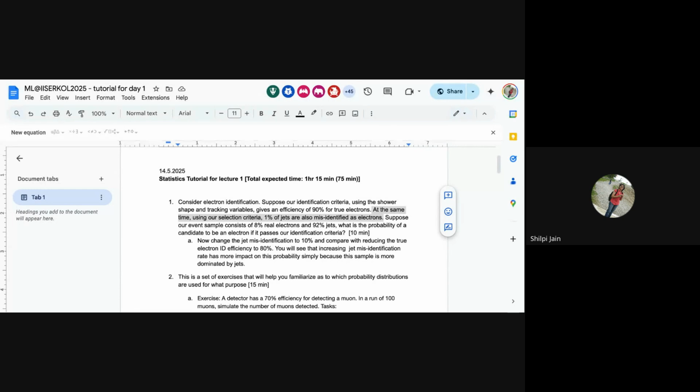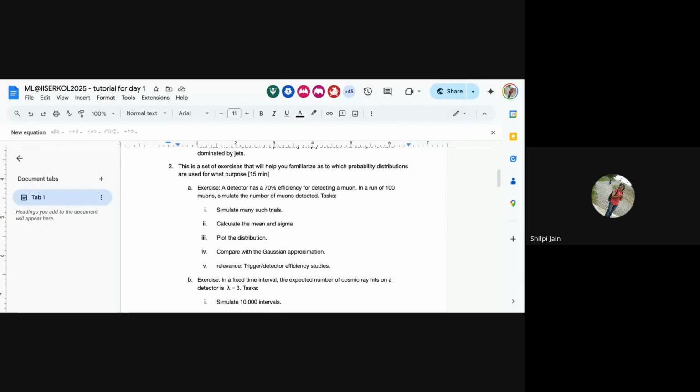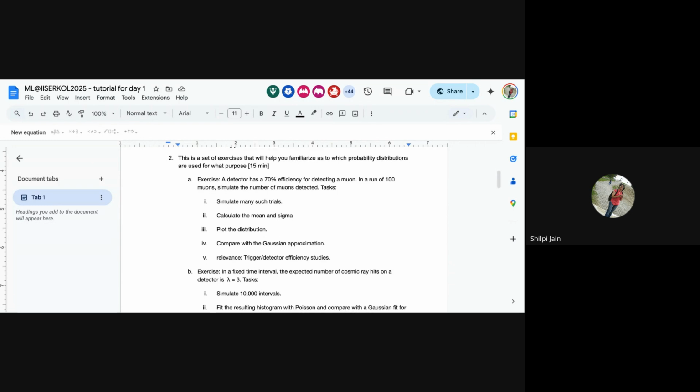We can move to the next exercise, and that is related to the quiz as well. This will help you familiarize with the probability distributions and when to use what kind of distribution. There was a question: if a detector has limited efficiency for detecting a particle, then how would you simulate the number of muons detected?